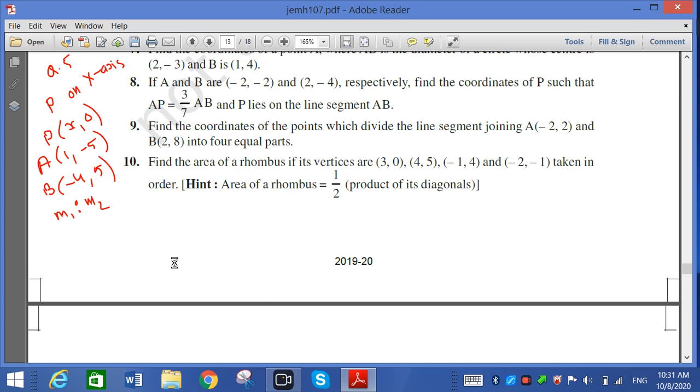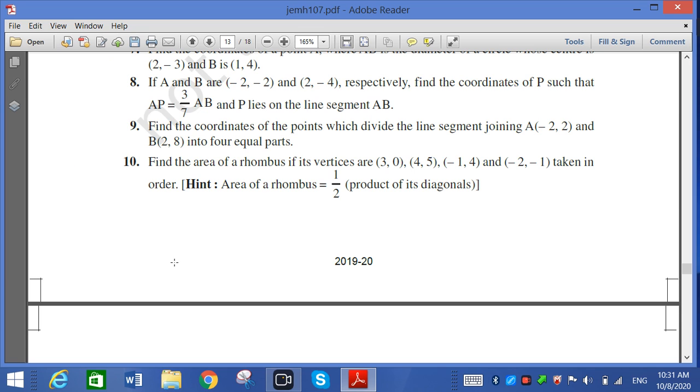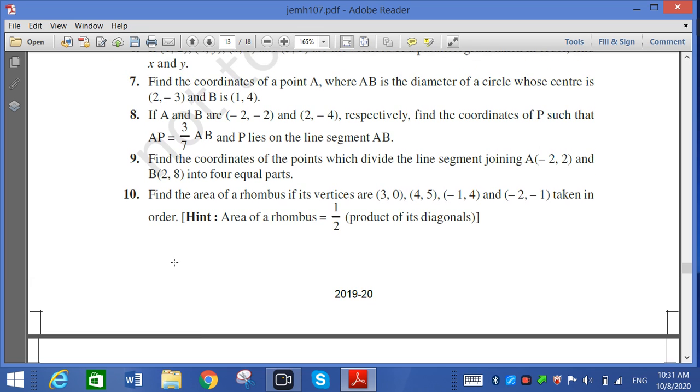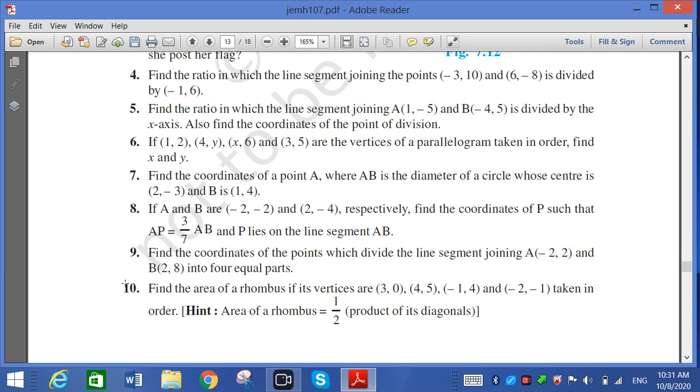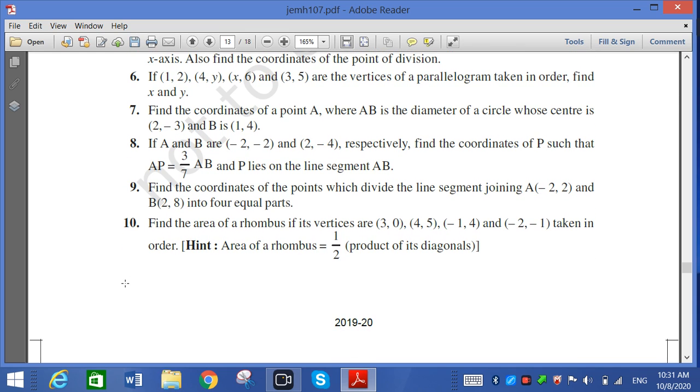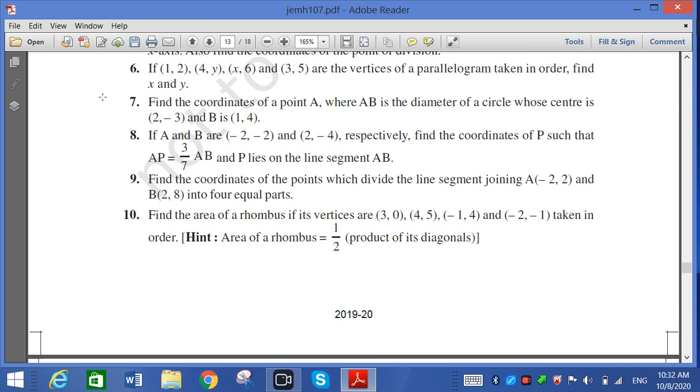Now we have to find out the parallelogram value, because we have completed that type of sum. Now question number 6. It is the same as the example we just did.